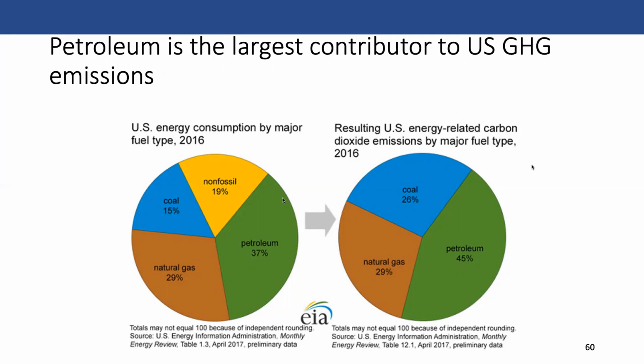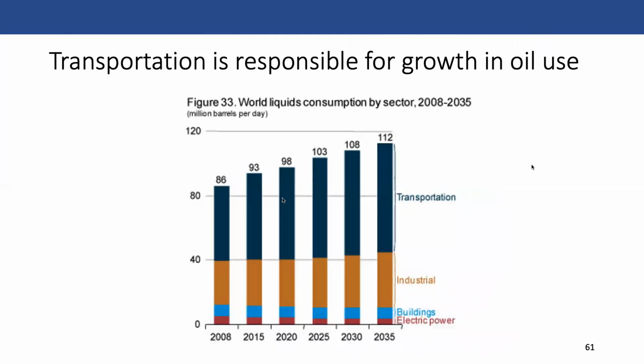But as a fuel category, petroleum has always been the highest CO2 emitter. And transportation is the thing that's responsible for growth in oil use. When we break down how oil is used, transportation's share has continued to increase as there's more demand for gasoline.